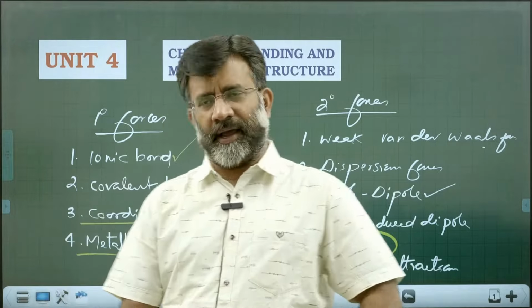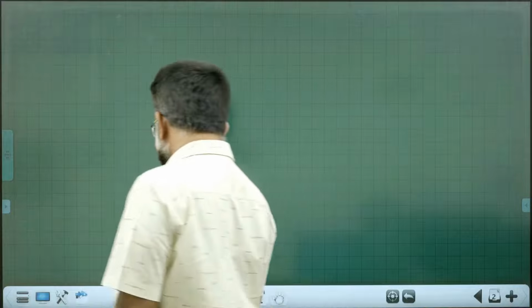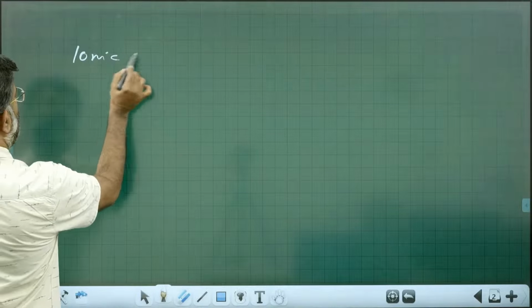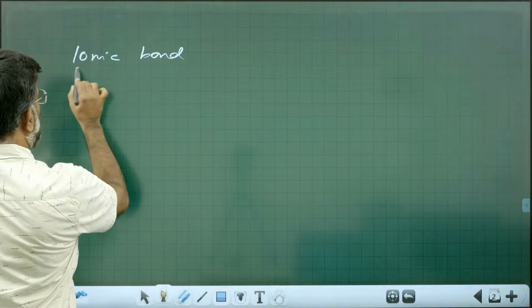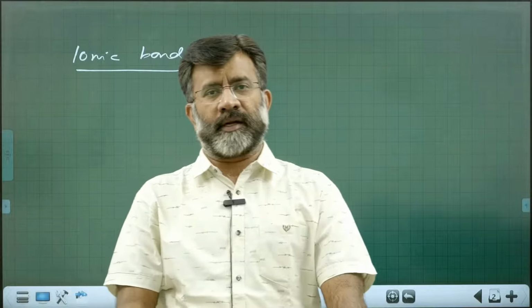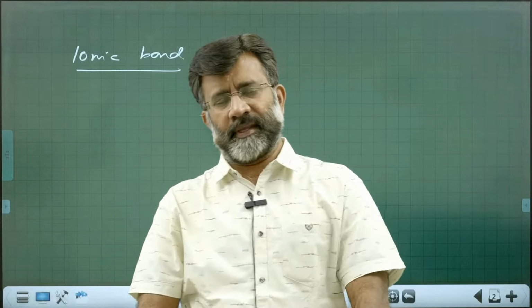First one, ionic bond. What is ionic bond? All of you know what ionic bond means. Ionic bond is formed by transfer of one of the electron from an atom to another atom. That is ionic bonding.